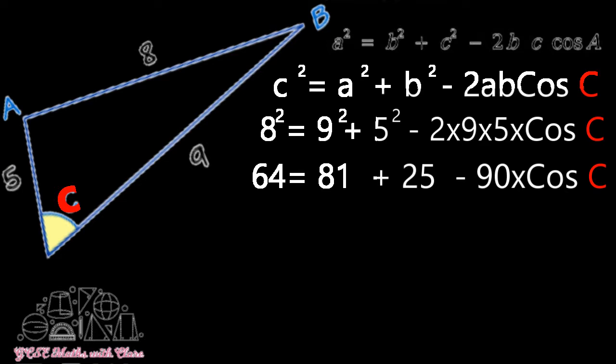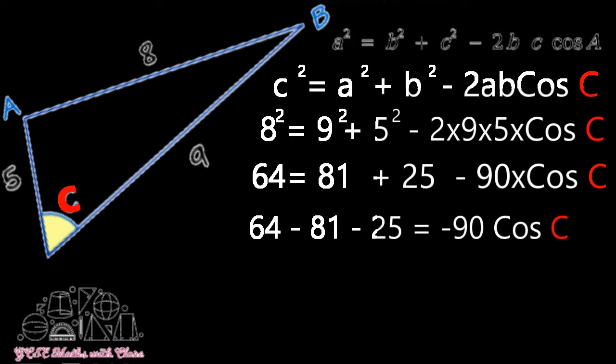So now I'm going to try and make cos c the subject of the formula. I'm going to take the 81 and the 25 over to the left hand side, and I'll get that 64 minus 81 minus 25 equals negative 90 cos c. So negative 42 equals negative 90 cos c.